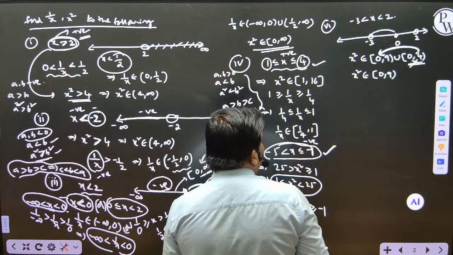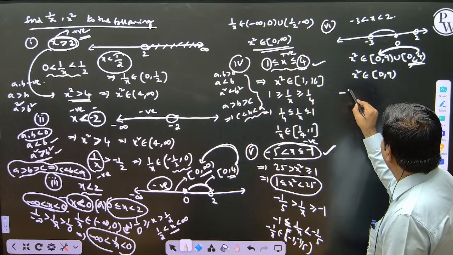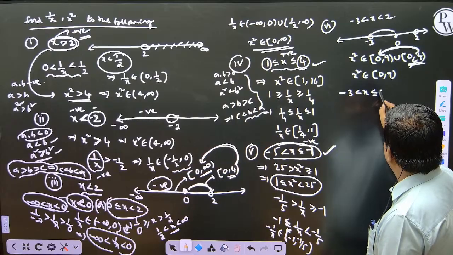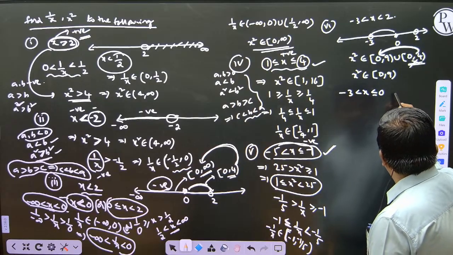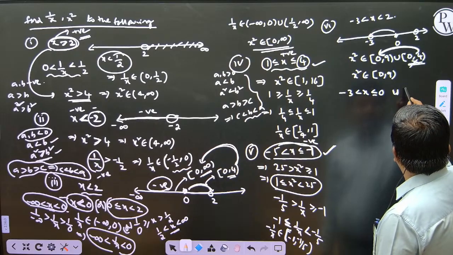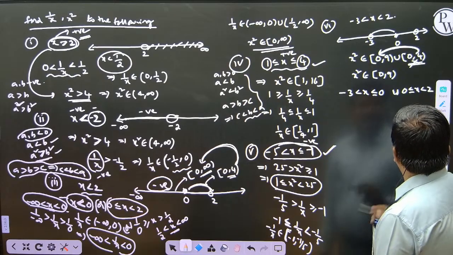Now how do you take a reciprocal? For the reciprocal you split it. Minus 3 less than x less than or equal to 0, union, you write 0 less than or equal to x less than 2.